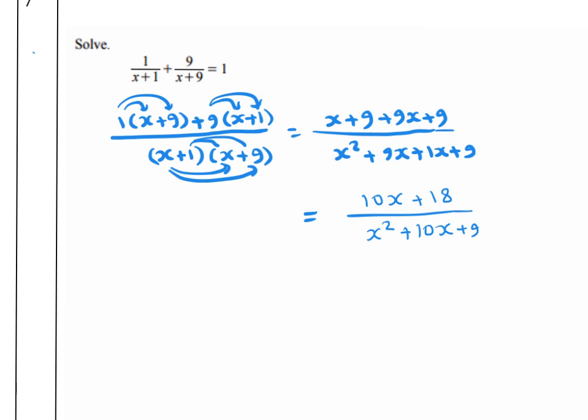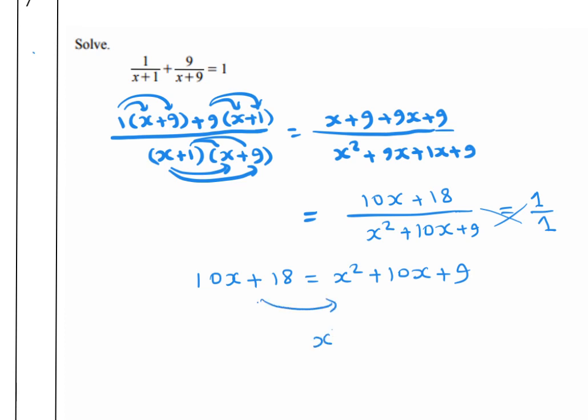Now equate them by 1. 1 can be written as 1 over 1, then cross multiply. So this means 10x plus 18 equals x squared plus 10x plus 9. 10x and 18 go to the other side, so we have x squared. 10x cancelled out, so 18 go to the other side by negative, or we can transpose 9 to the other side, so x squared equal 9.